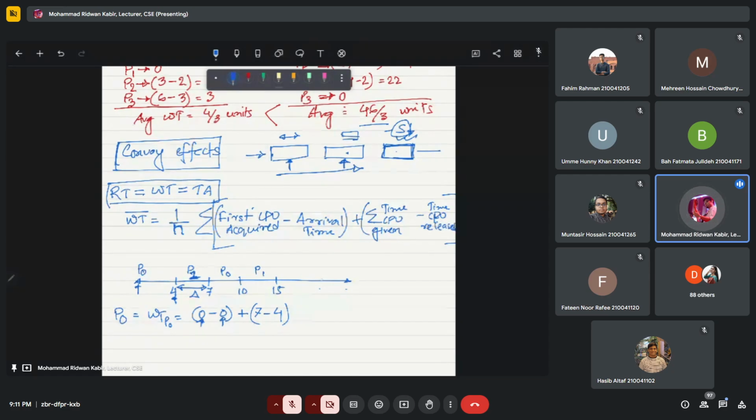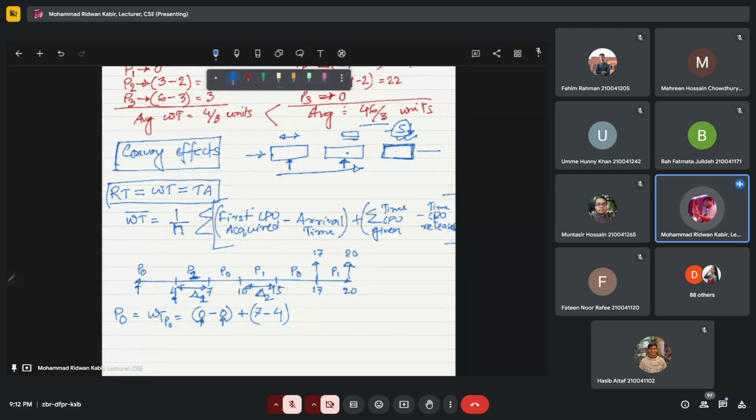And again, let's say P0 is given the CPU here and it goes up to 17, and then P1, let's say, finishes execution here. So for P0, you see, these are the time gaps when P0 was not in the CPU, right? So P0 finished execution at, let's say, 17, and P1 finished execution at, let's say, 20.